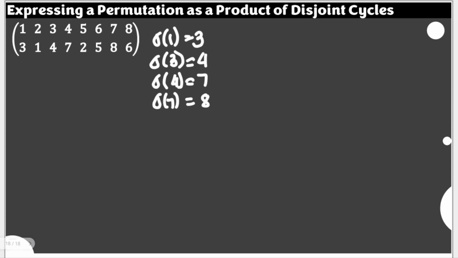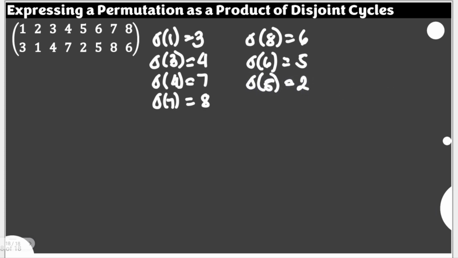We still need to continue because the elements did not return to the first element, 1. So we have here the sigma of 8 is 6. Sigma of 6 is 5. Sigma of 5 is 2. And the sigma of 2 is 1.